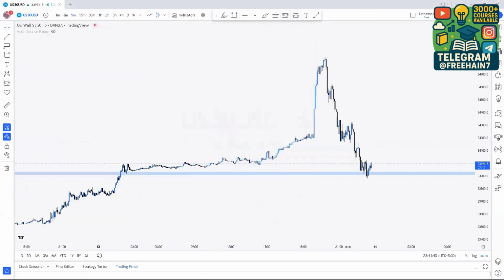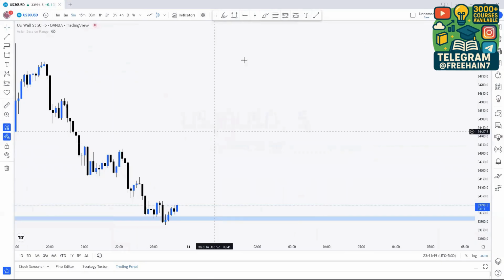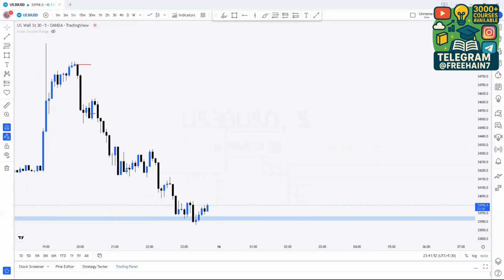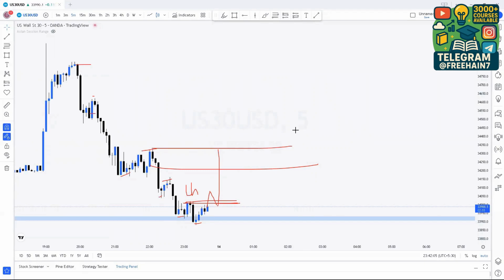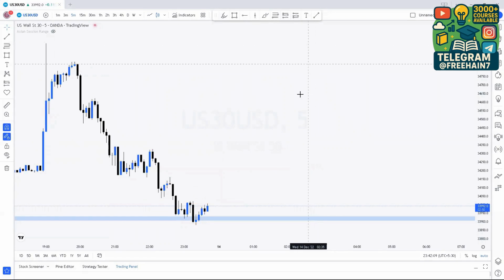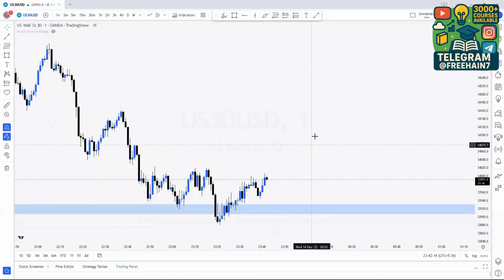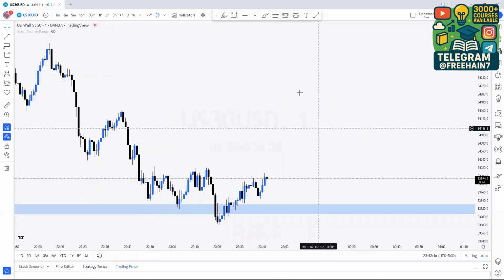Once we break this, we are bearish right now. So this is the last lower high. Once that gets broken, we can obviously look for buys. So that's how the overall structure plays out, from bearish to bullish and bullish to bearish.